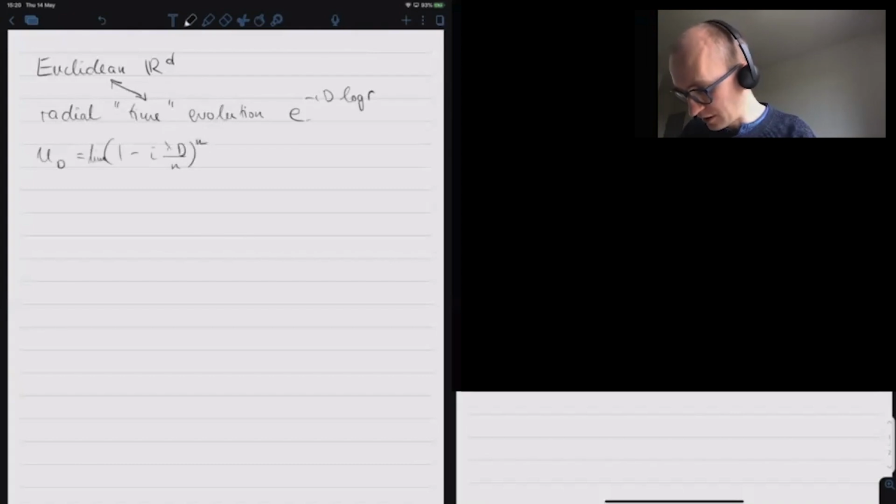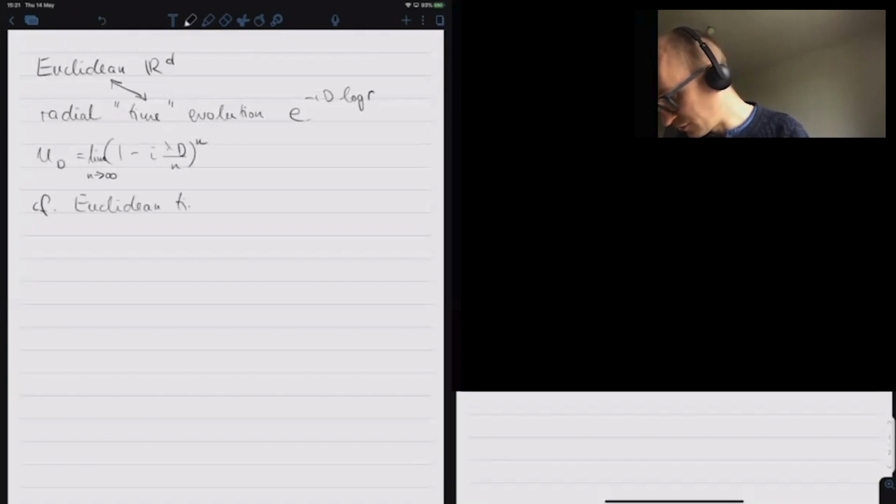And to be precise, we took this in the limit. But this we should compare to Euclidean time evolution, the usual Euclidean time. So let's call it just Euclidean time evolution.